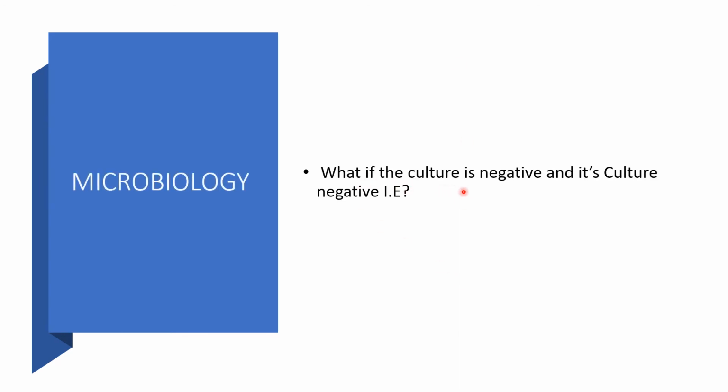What if the culture is negative? And we'll be dealing with culture negative infective endocarditis. Yes, that is pretty true. We can have culture negative infective endocarditis if after 5 days of incubation, all the 3 cells have been returned and all negative. Then we should think about some issues here.